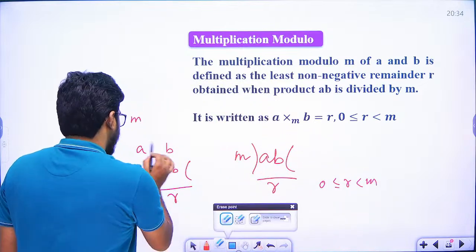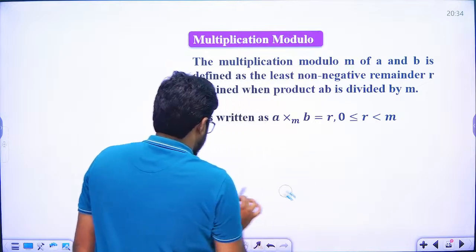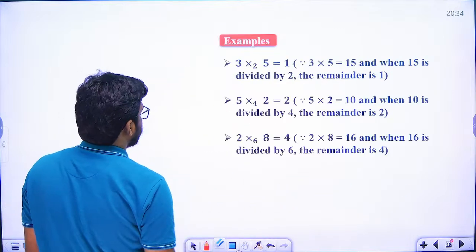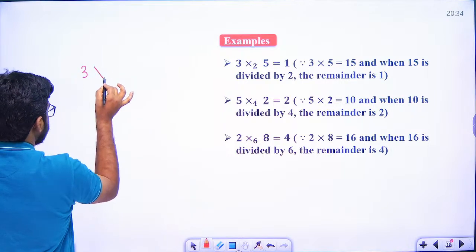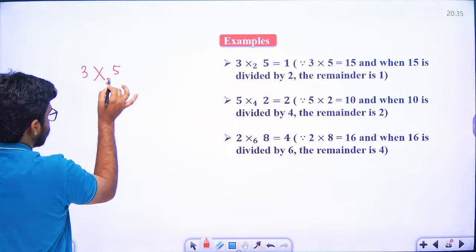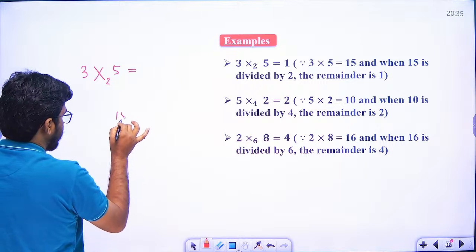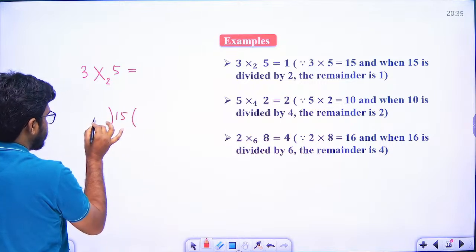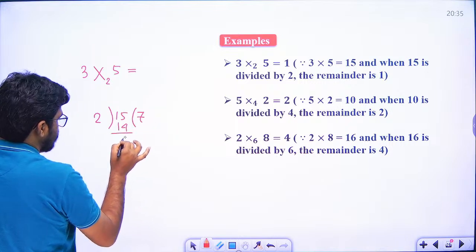Clear? Let us consider an example. Suppose 3 multiplication modulo 5 with modulus 2. 3 into 5 is 15, divide 15 by 2: 7 into 2 is 14, so the remainder is 1.